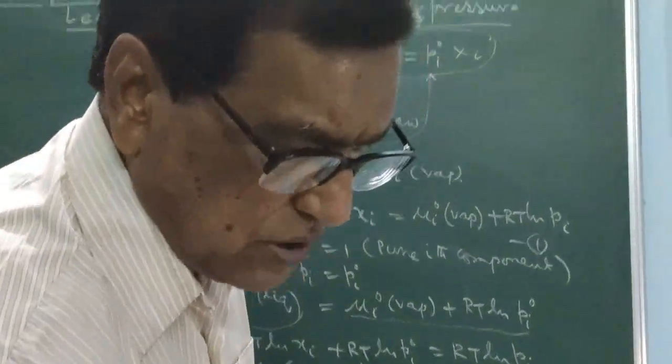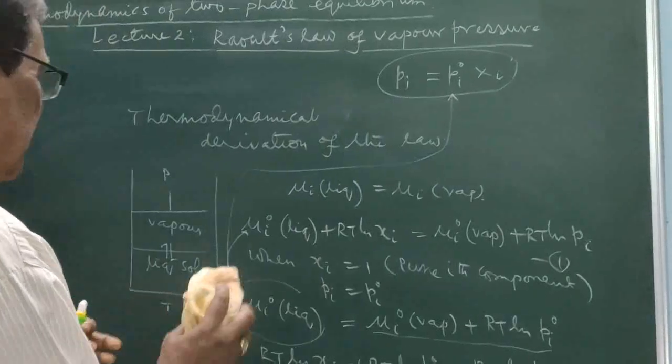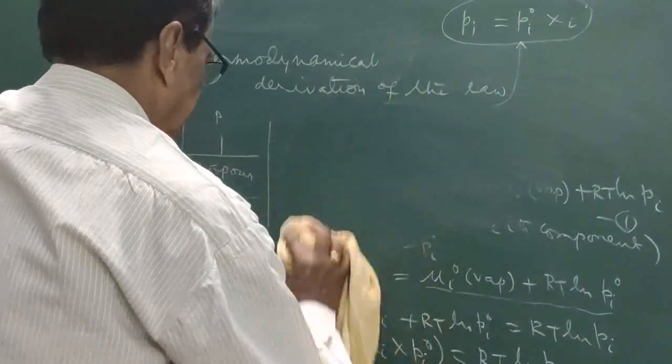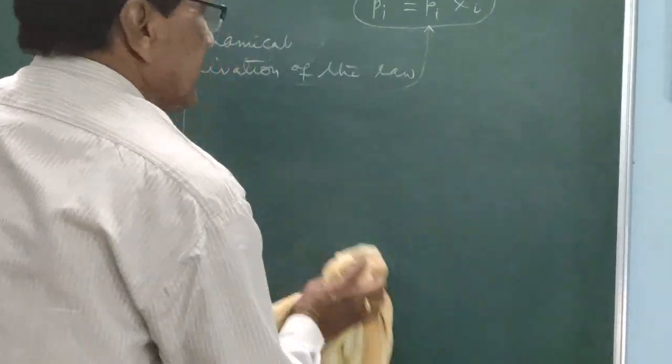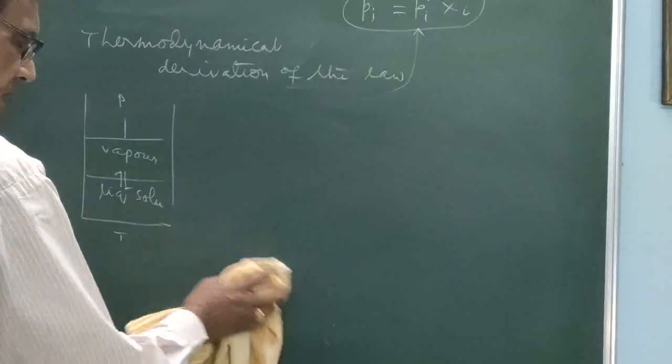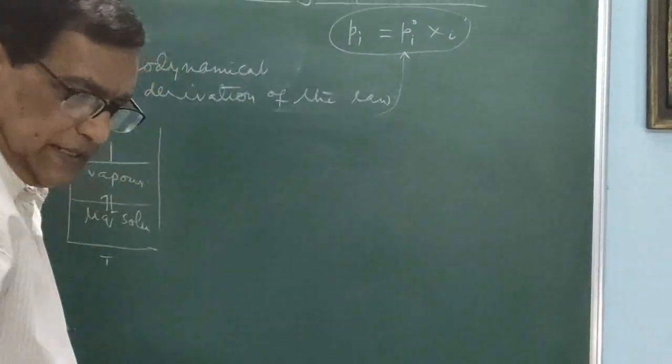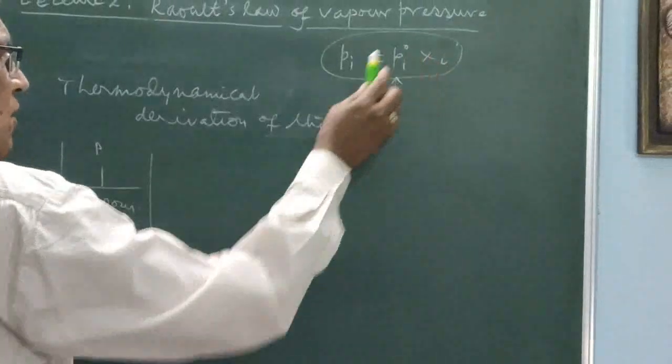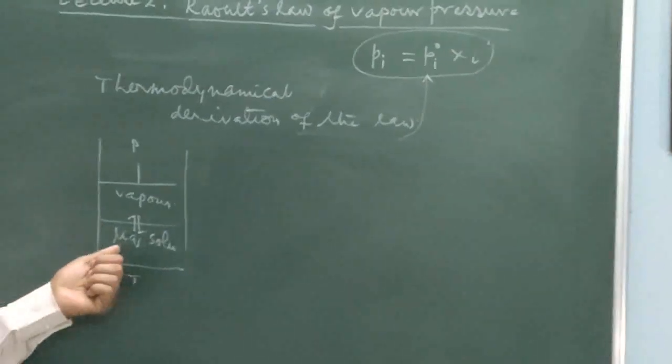Now I can give one problem. One thing is that here xi is the mole fraction of the ith component in the liquid phase.